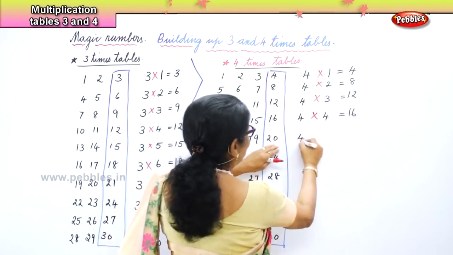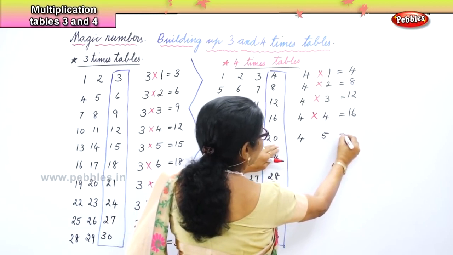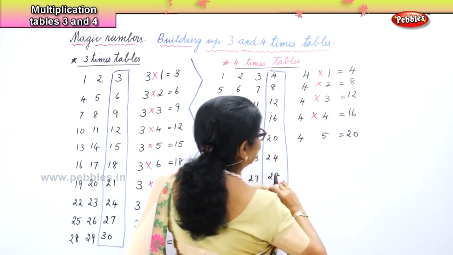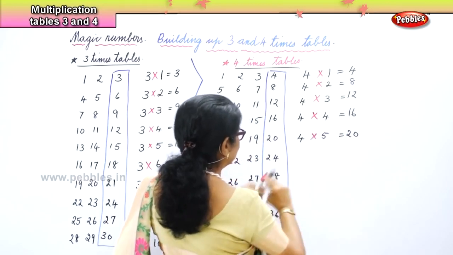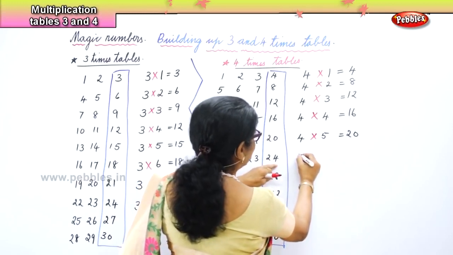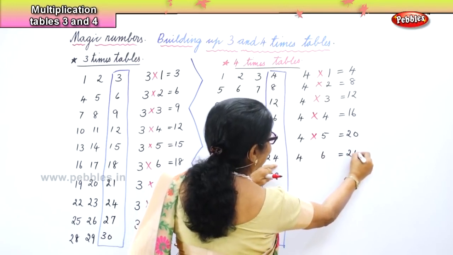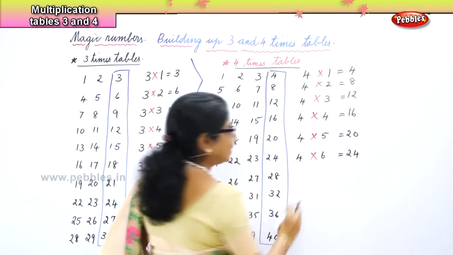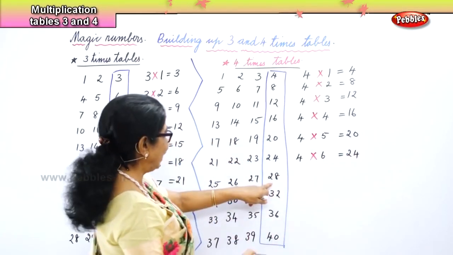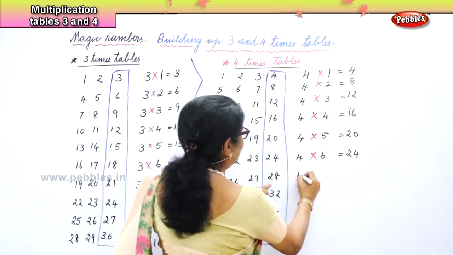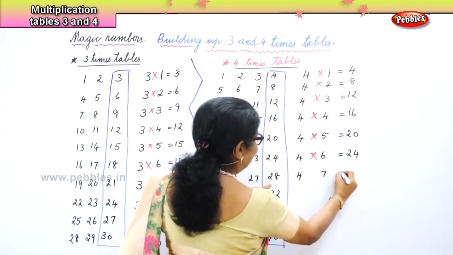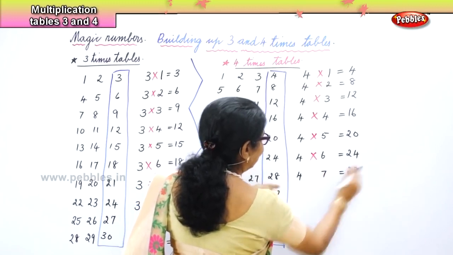Next, 4 fives are 20. Then we build 4 sixes are 24. Next, 4 sevens are 28.